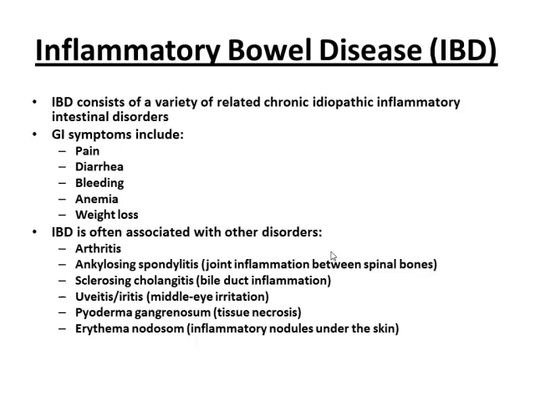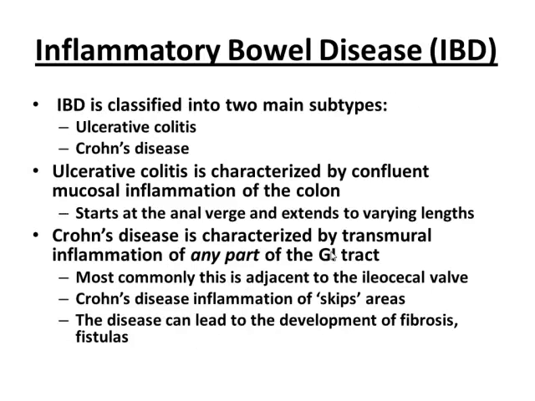A lot of those probably have an autoimmune component to them, and it looks like inflammatory bowel disease also has a bit of an autoimmune component. It's classified into 2 main subtypes, ulcerative colitis and Crohn's disease.